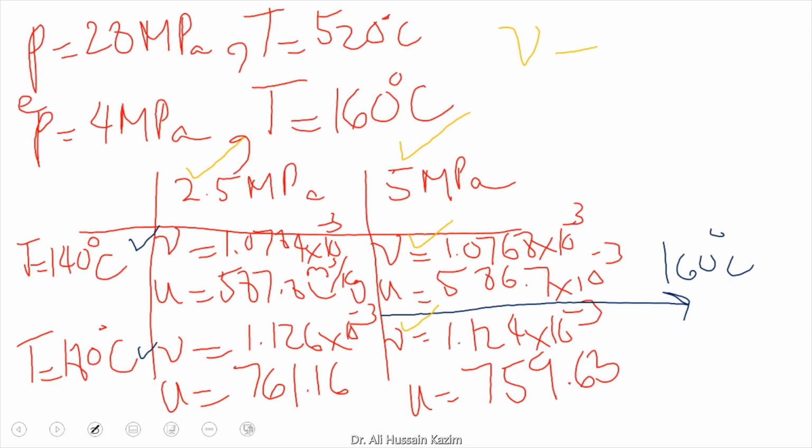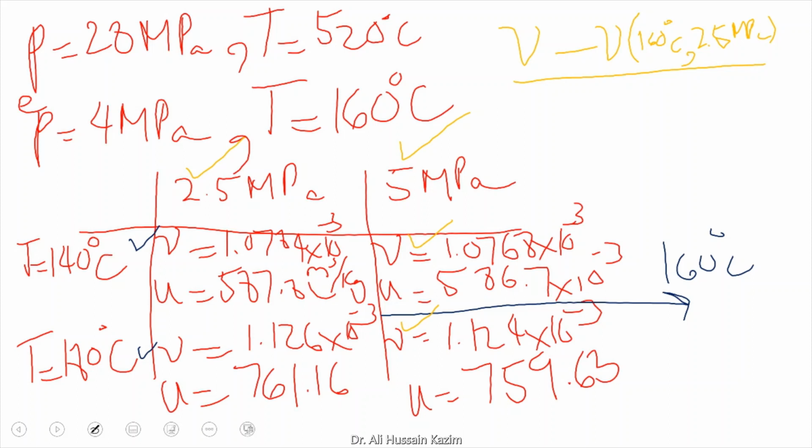We would take V minus the value at 160 degrees Celsius and 2.5 megapascal, and divide that by 4 megapascals minus 2.5 megapascals.